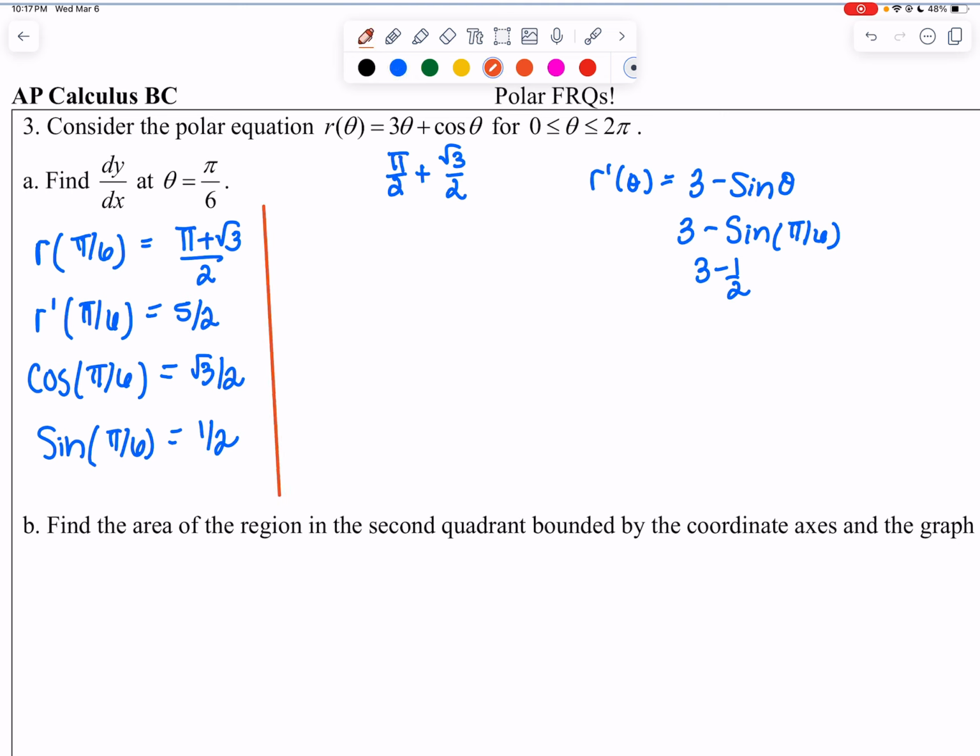Now, we want to find dy dx, so of course we are going to say dy dx is equal to r cosine of theta plus r prime sine of theta over negative r sine of theta plus r prime cosine of theta.